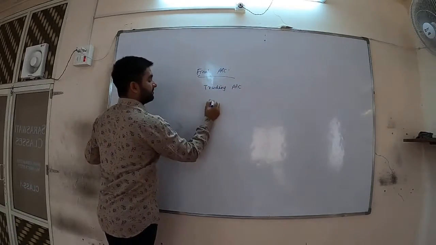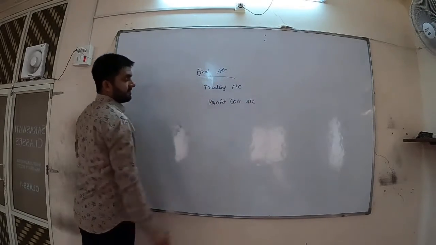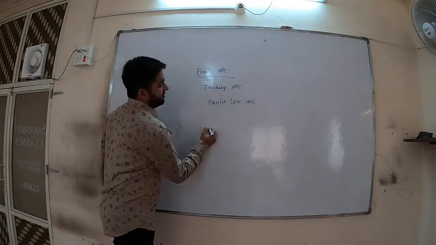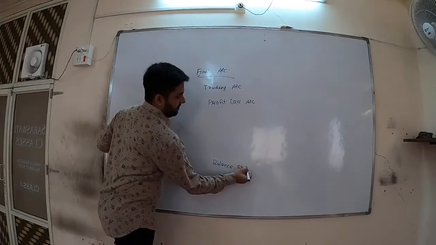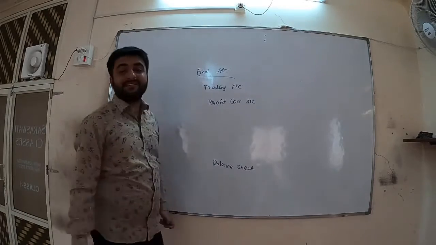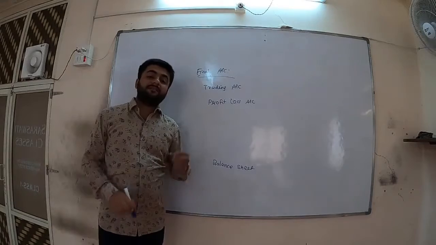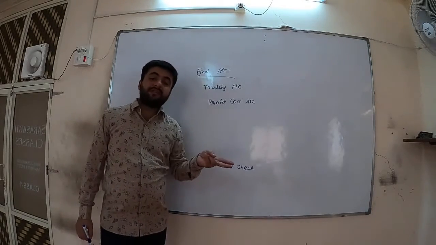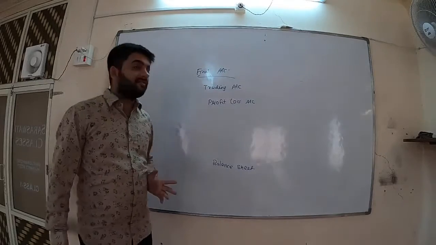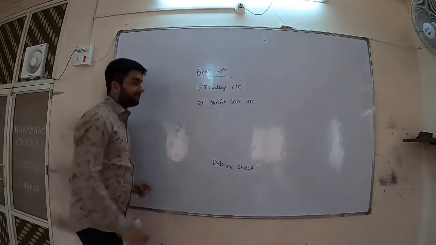Trading account, profit and loss account, and balance sheet. Now I have kept space, because in standard 12th you have 2 or 3 extra accounts. Now which are they? This will be first, this will be second.